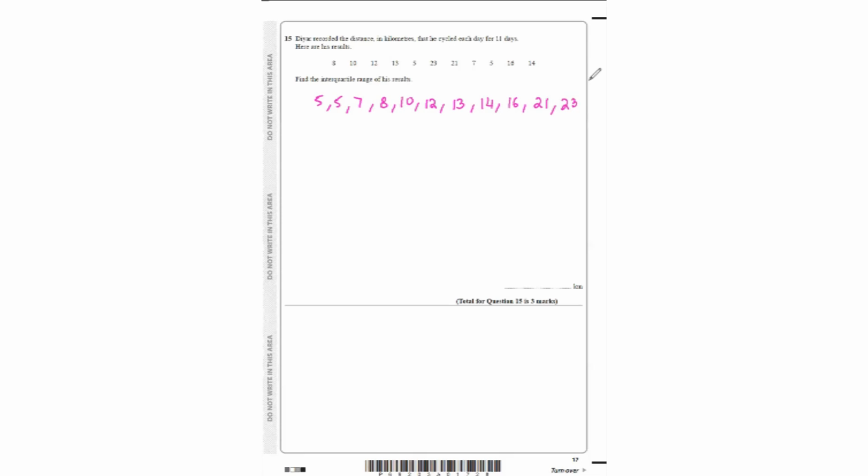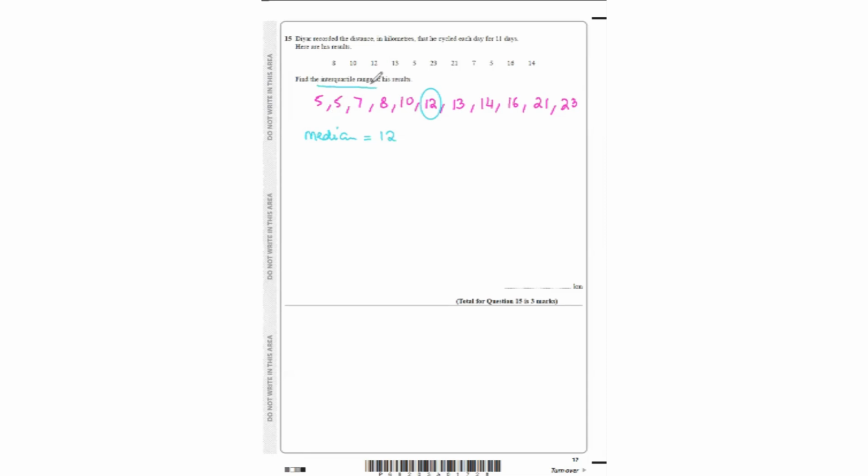He recorded the values for 11 days, which means we have an odd number of data values. So the median value will be the 6th value, which will be right in the middle of the data set. So median is 12.